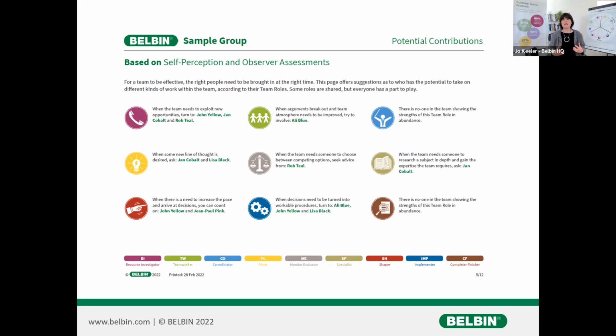And are there some behaviours where actually you don't have anybody? So in this case, nobody is really showing a potential contribution for the role of coordinator or for completer finisher. There isn't anyone there. But there are 3 people who are able to contribute as a resource investigator. So this may start you thinking, okay, so we've got most roles covered here, but there may be a couple which we don't have.